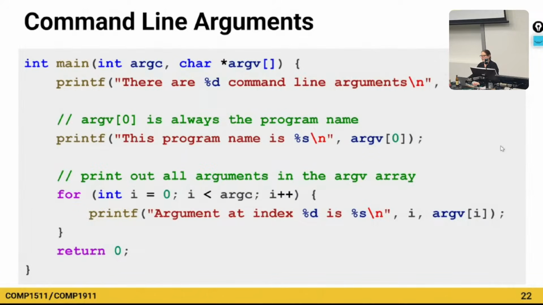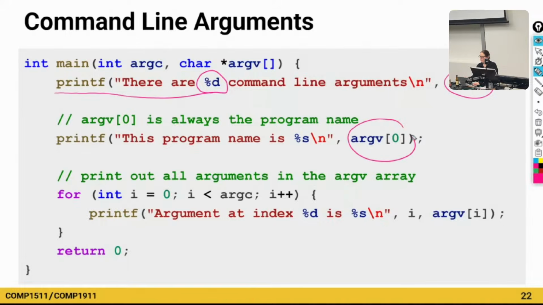So in this, and we'll see better uses of them later, but for now, can we just print them all out? So first of all, I can just print out how many command line arguments I actually got. I know that we're always going to have an argument at index 0. argv index 0 is always going to have whatever the user typed in to run the program, and I can print that.